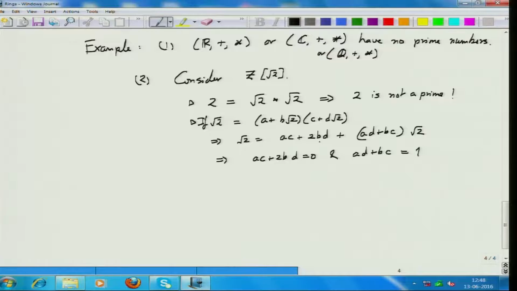Just multiplying out the right hand side and then equating. This is an integer, this is also an integer times root 2. So if this is equal to root 2, then the integral part must be 0 and this multiplier of root 2 must be 1. So what do we get out of this?